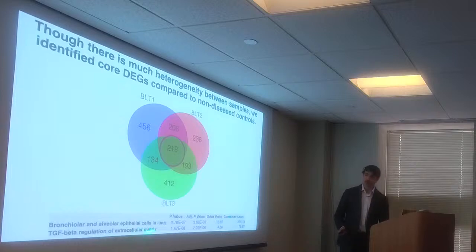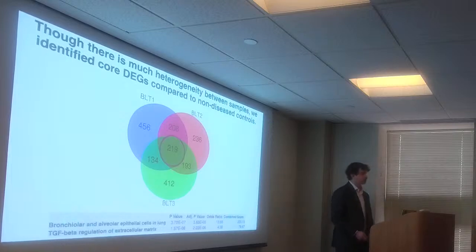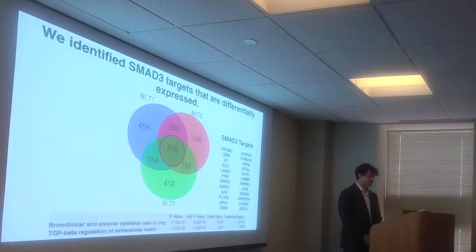And also, we saw consistency in that we see TGF-beta regulation is differentially active as well, showing that in all three of these genetic backgrounds with different mutations, we can see differences in TGF-beta expression. So we sought to do exactly what we did previously, and we saw which of these 219 core genes are indeed SMAD3 targets. So I'm not going to bore you to death by listing all of these off, but one gene that we thought was quite interesting is keratin 8, seen here.